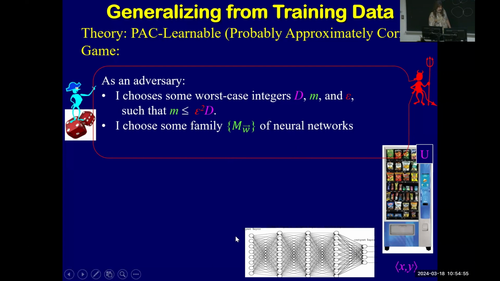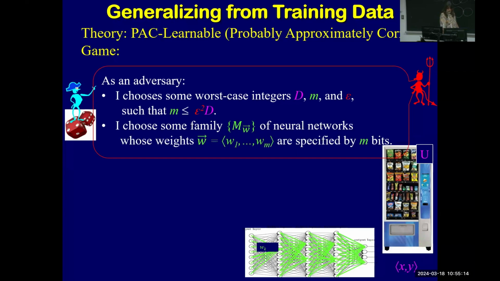The adversary gets to define the machines, and maybe it defines horrible machines that don't do anything, or maybe really nice machines that can be smart if you train them right. So it's a family of machines where the weights are defined by m bits. Everybody buy this?